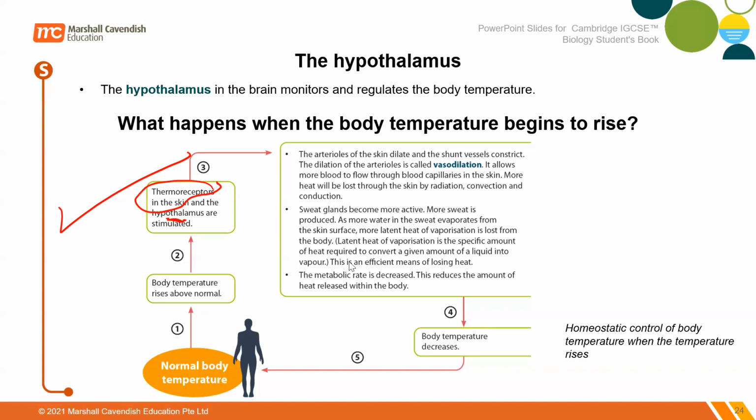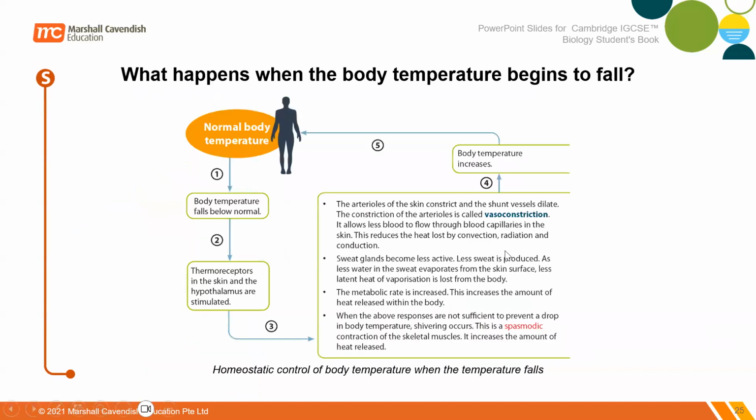Regarding the metabolic rate, I already have heat and already have respiration. So I don't need to increase the metabolic rate. I need to reduce the metabolic rate to reduce the amount of heat released. Okay, this is for the hypothalamus.